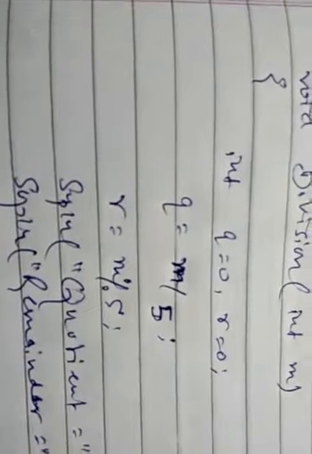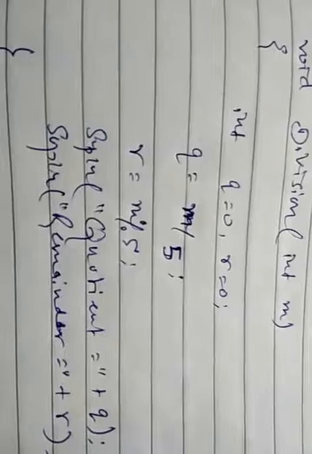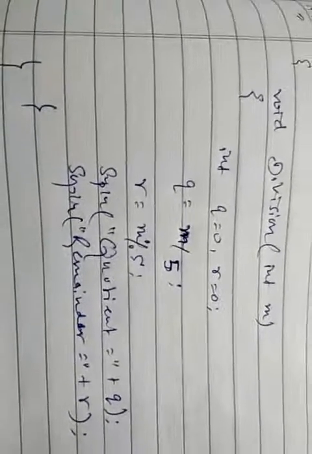So here we are taking two variables, integer q equal 0 for the quotient and r for the remainder. So q equal m divided by 5. So the quotient will be stored in q and the remainder, m modulus 5, will be stored in r. And now we are printing on two different lines with headings: quotient equal q and remainder equal r.